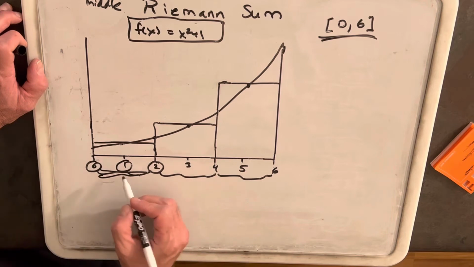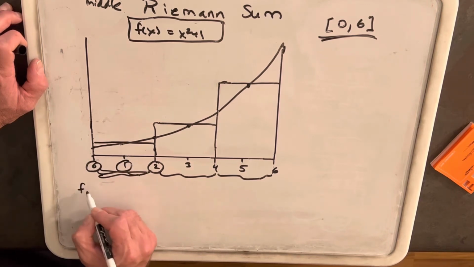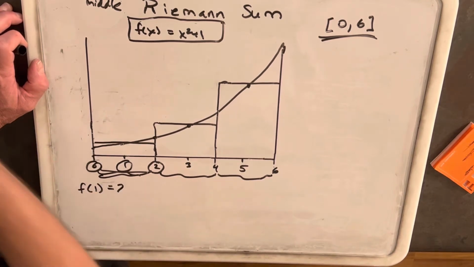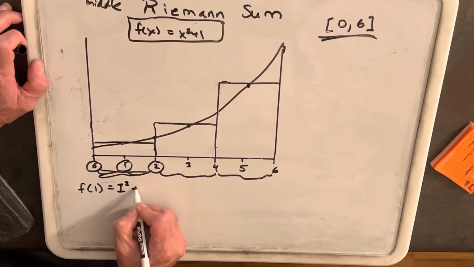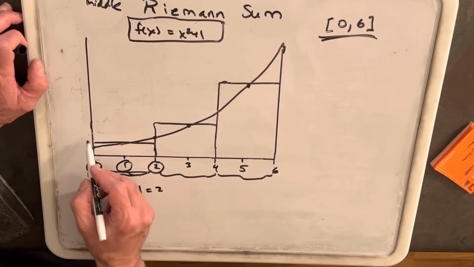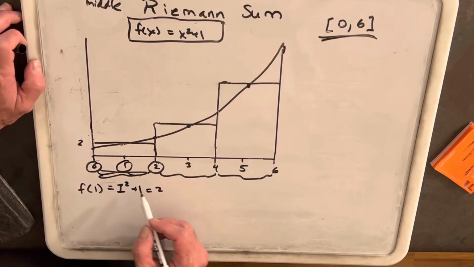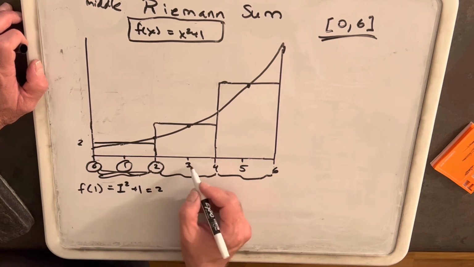So first, let's calculate this height at 1. f of 1 is 1 squared plus 1, which is 2. So this height right here is going to be 2. And then let's do the second one. The height is going to be taken from the midpoint, which is 3.